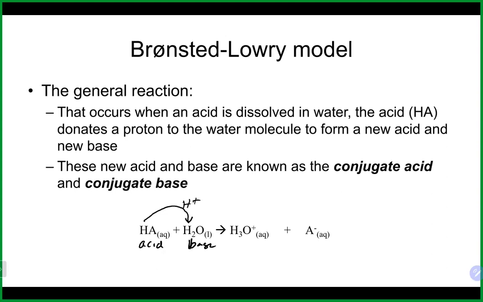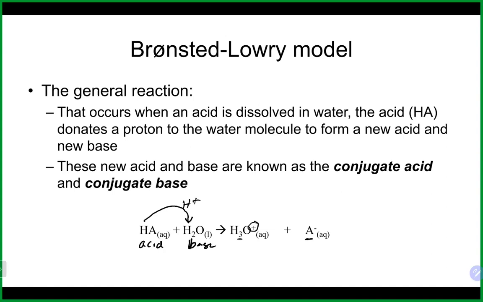When it sends the H plus over, the acid is left with just an A minus. If you take the H off of HA, you got one less H, and because it was neutral, whenever you lose a positive charge, you become one more negative. So that's how it becomes A minus. The water will accept the hydrogen, which will make H3O, and the charge changes as well, which will be a plus in this case.